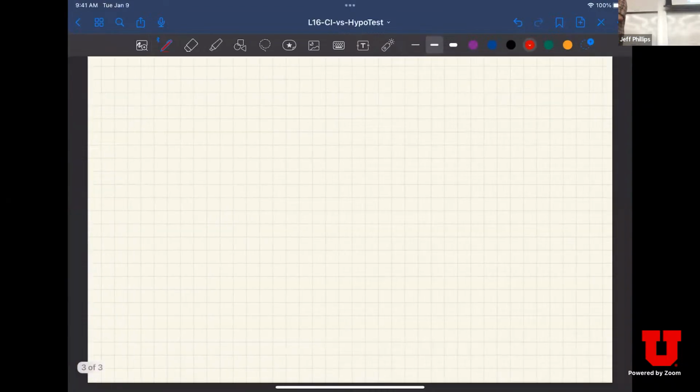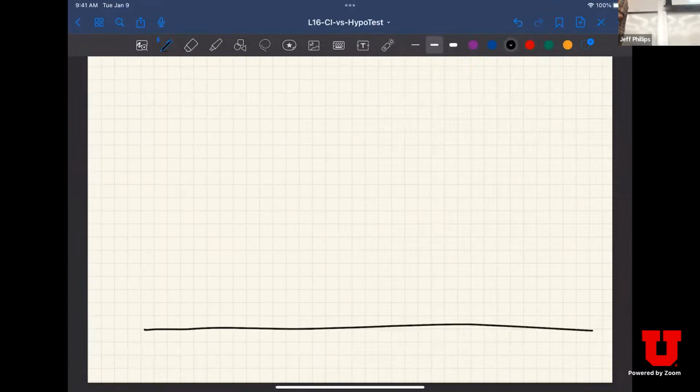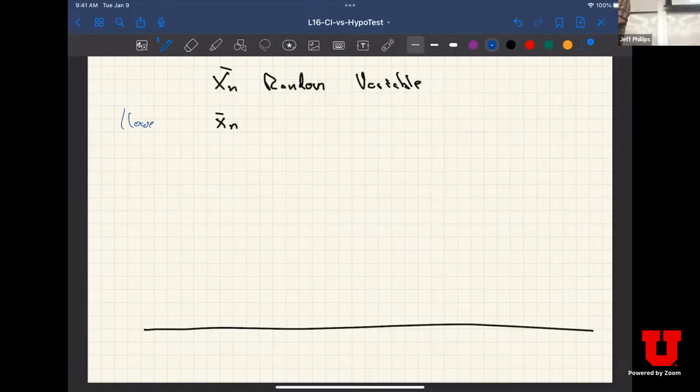Okay, let me draw a picture. The one thing is that uppercase xn bar is a random variable, and then lowercase xn bar is a realization of the data.